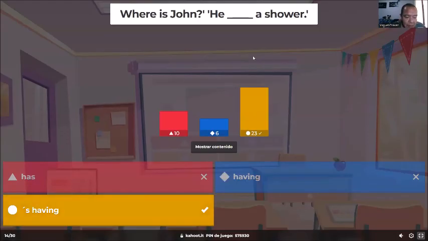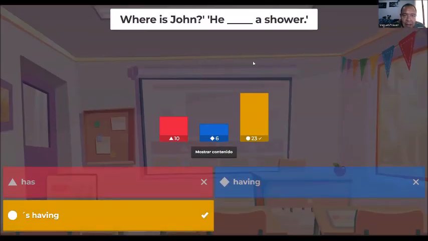Where is John? He's having a shower. Again, we can find the contraction between the subject and the verb to be, is. He's having a shower.